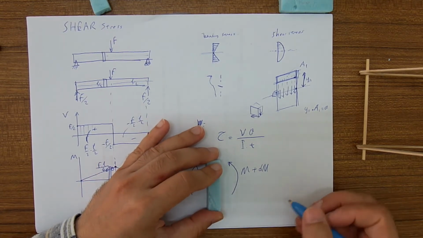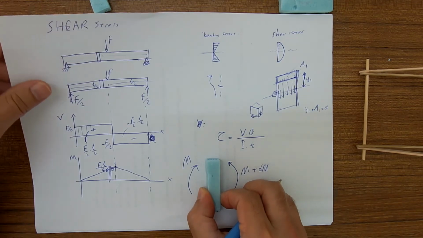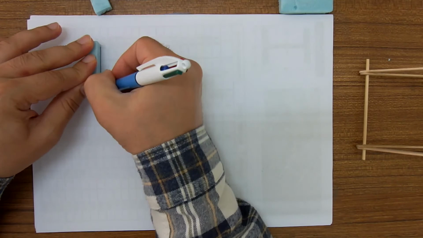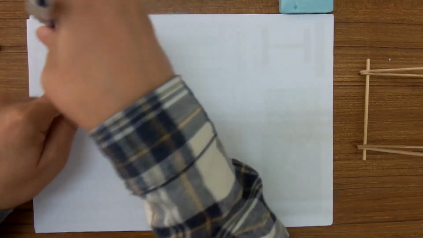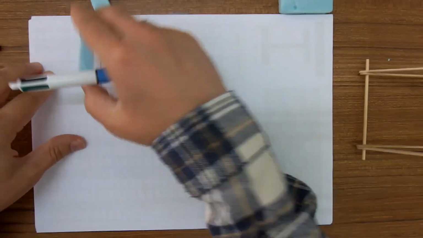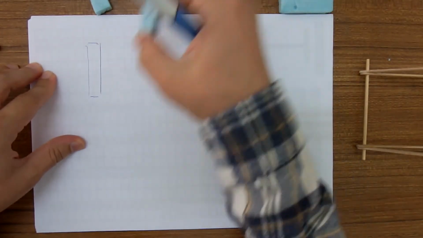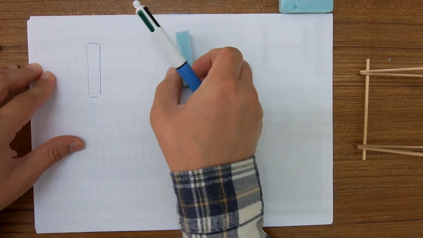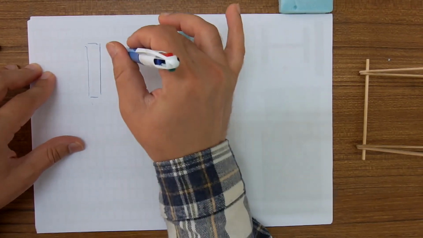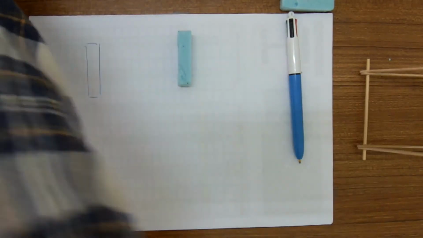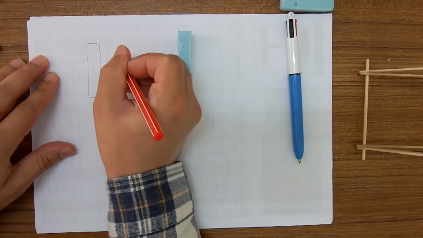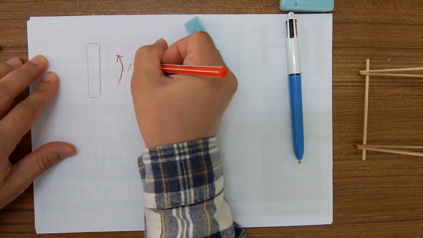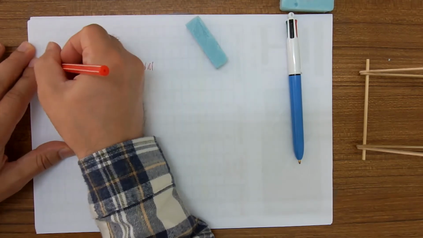So if I go to the next page. Okay, let's plot the segment here. Keep the segment here. So the moment, where is it? I draw it with this. This was m plus dm. This was just m.